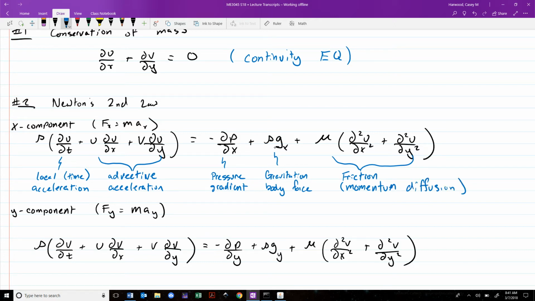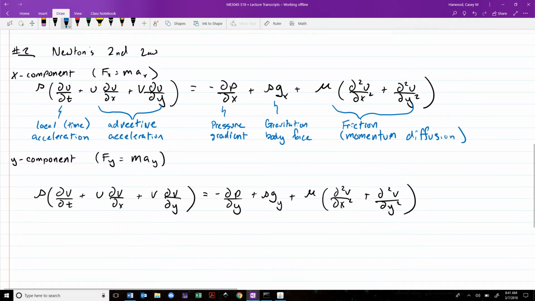So the idea here is, momentum is mass times velocity. Here we've got mass per unit volume, and we've got the rate of change of a bunch of velocities. So we're talking about the acceleration times the mass per unit volume.